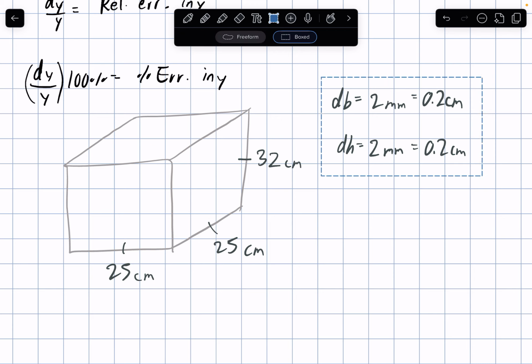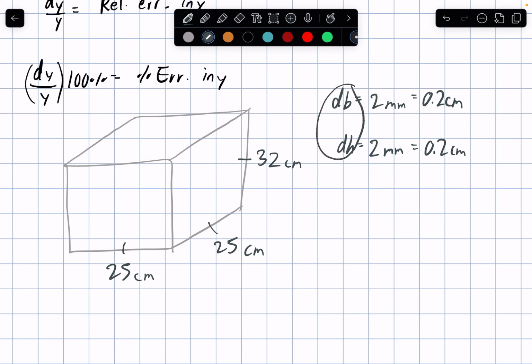So, applying these, that's when we get the actual measurements of the shape. There's a better term to call dB and dH.